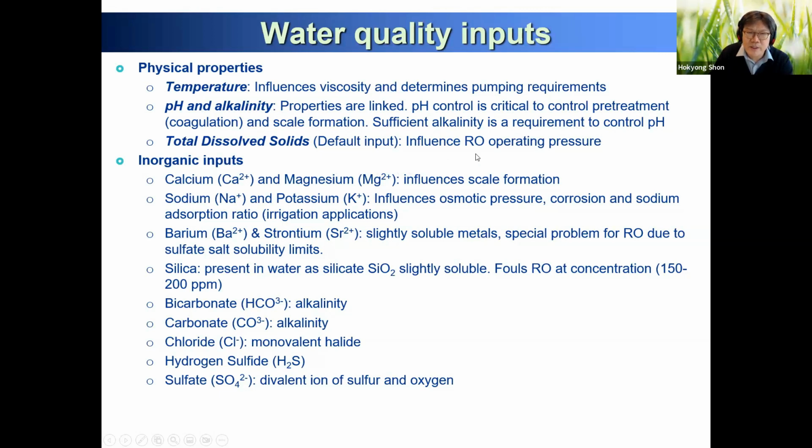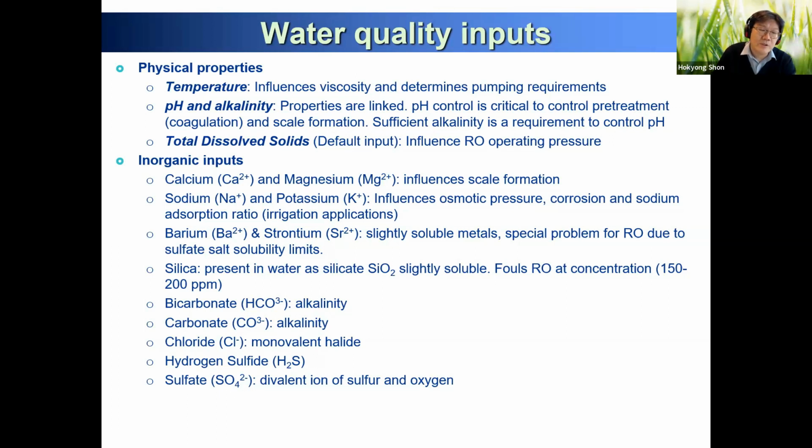Also, TDS influences the RO operating pressure. This is the RO operating condition, so you have osmotic pressure. Temperature is also important: a high temperature gives less viscosity, which means it is easier for water to permeate.